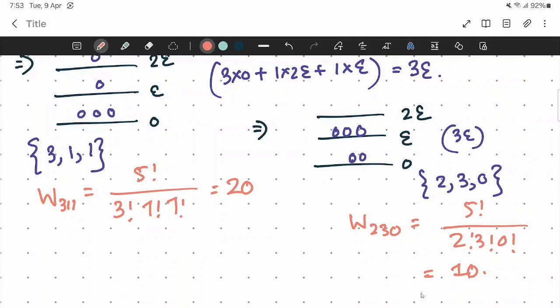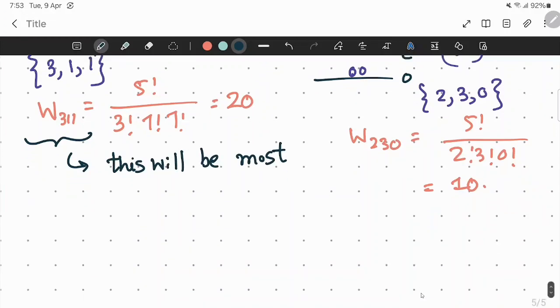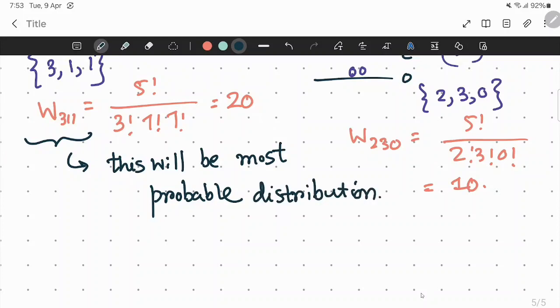So 10, and 2, 1, 2 can't be right. So the most probable state is this one. So this will be the most probable distribution.